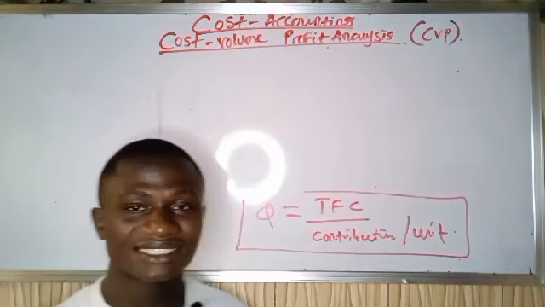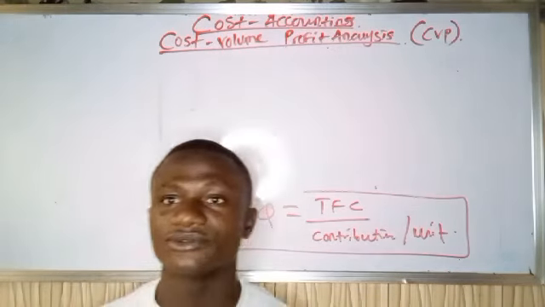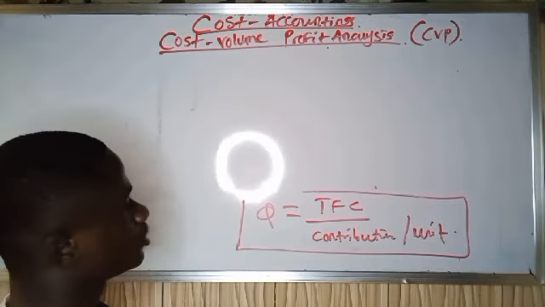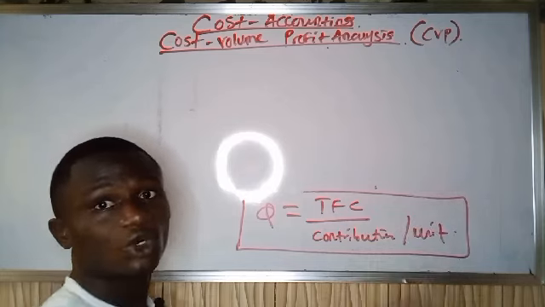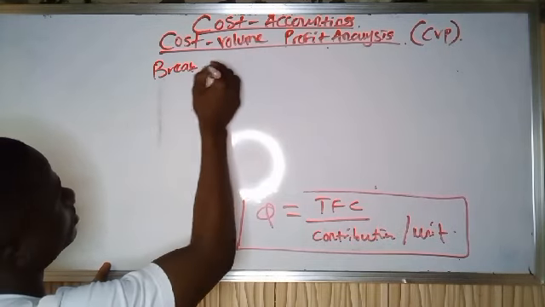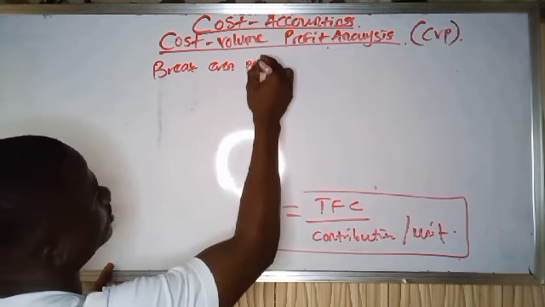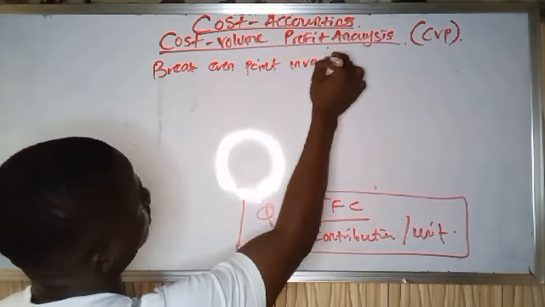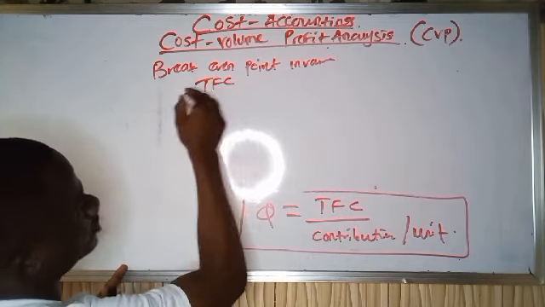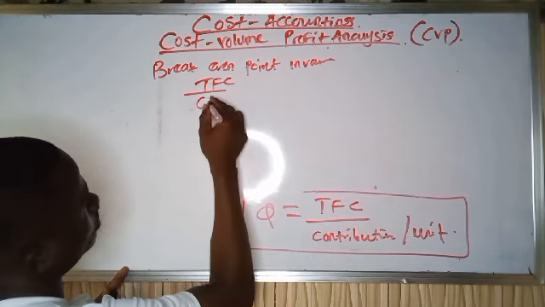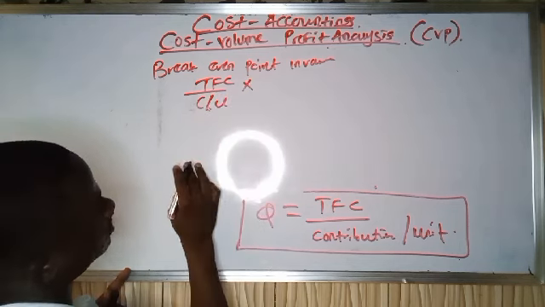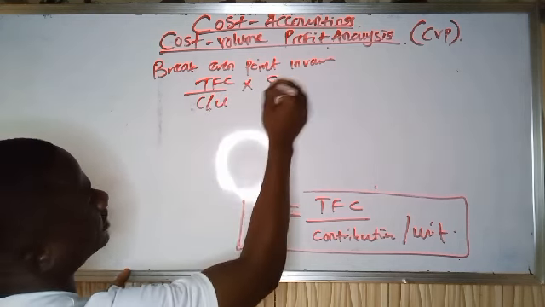So if you want to get the break even in value, that means in monetary value, what are you going to do? You can simply multiply whatever you get here by the selling price. So the break even point in value will be total fixed cost divided by the contribution per unit, times selling price.